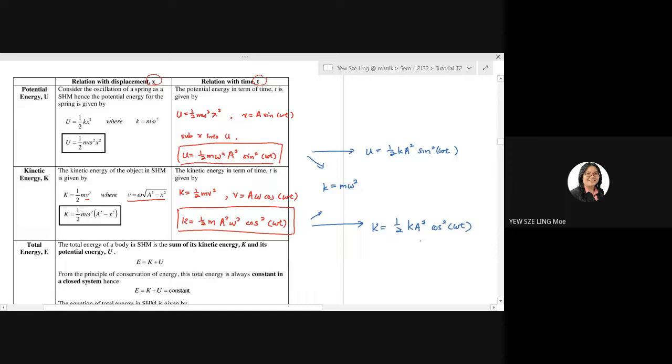So you have two equations: one in terms of m omega squared and one in terms of K.